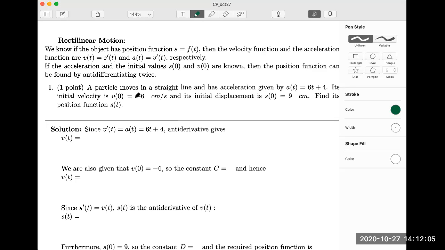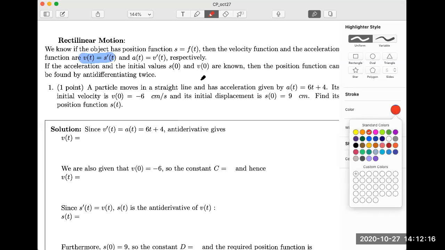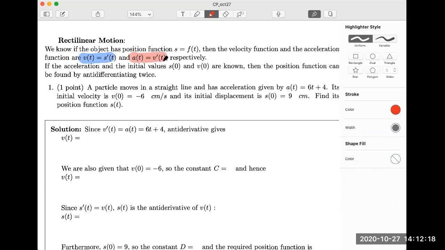V. And the derivative of the velocity gives us the acceleration field, A. So now, if we are given the acceleration field, can we find the velocity field and the position field? Okay. So let us take a look at the example here.